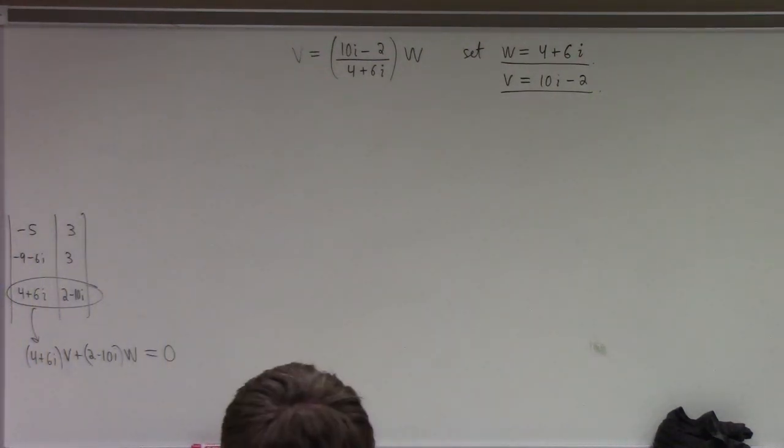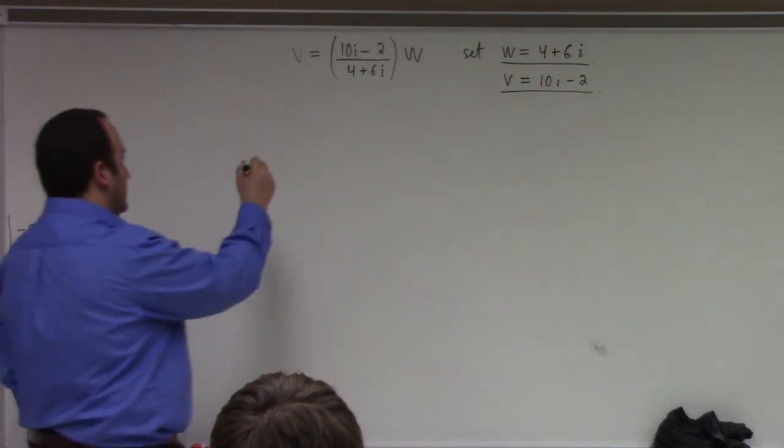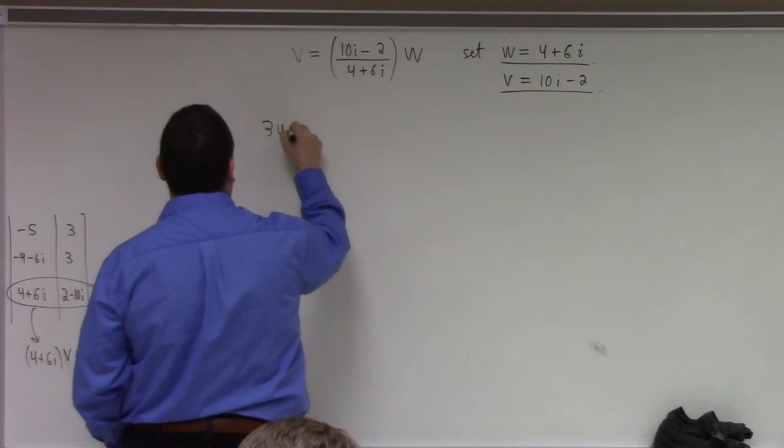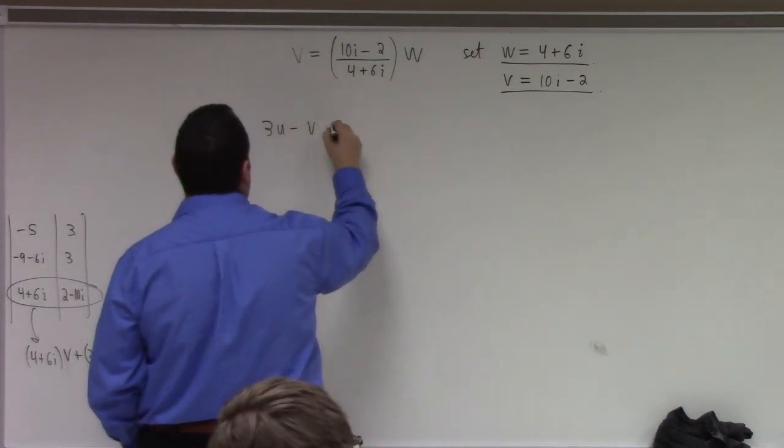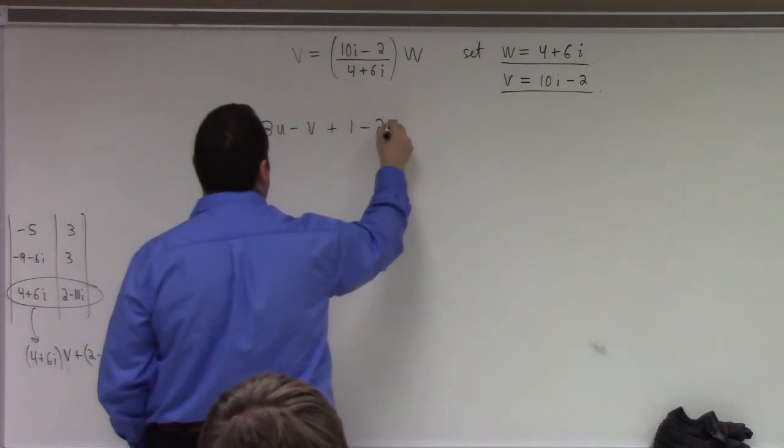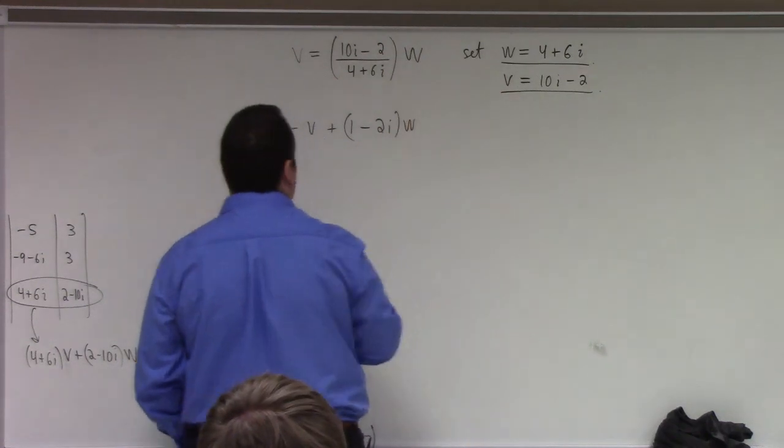You pick your favorite equation, whichever one you want, and we can figure out what u is, right? How about going back to this one, this one seems nice. So that says 3 times u minus v plus 1 minus 2i times w equals 0.